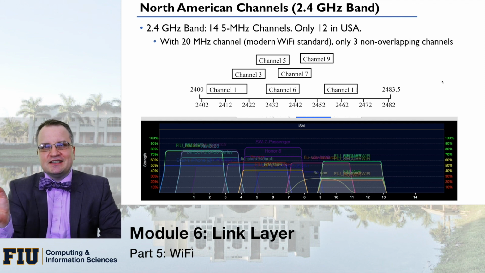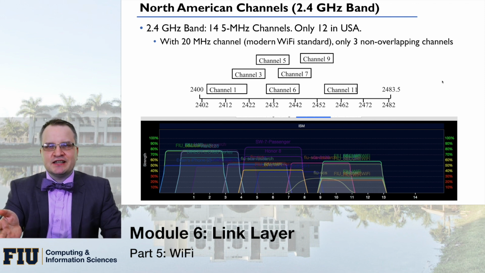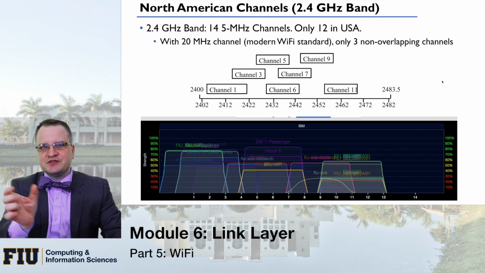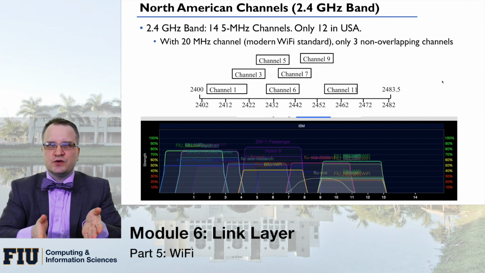The thing is, each of those channels is simply 5 megahertz of bandwidth. If you have an electrical engineering background, it will be easier to understand, but just look at exactly what's happening in the picture. Channel 1 starts somewhere at 2.4 and covers 5 megahertz of space in this case.